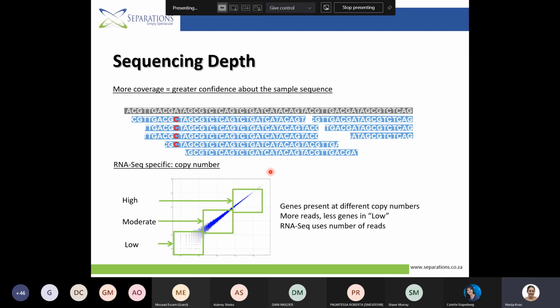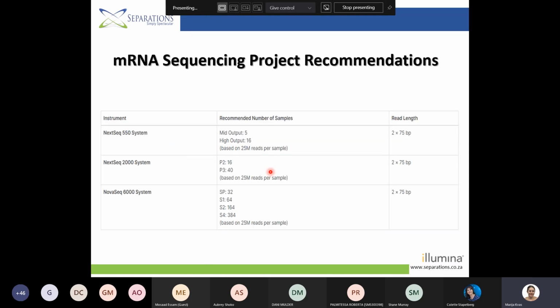So it's really important that, based on your application, your biological question, and also by consulting the literature, you understand the depth of sequencing, how many million reads you would need for your RNA experiment.